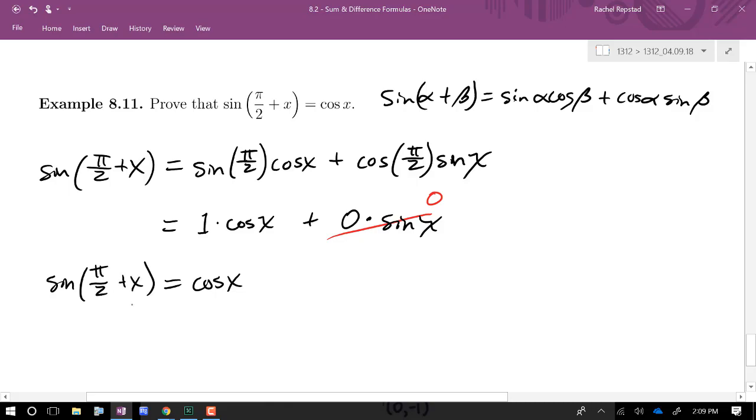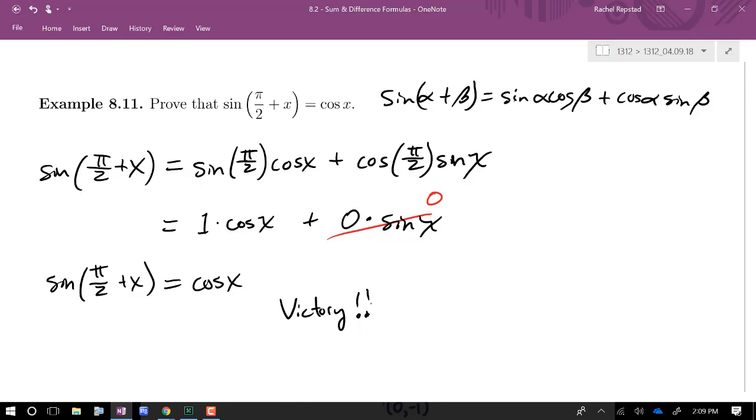I swear I'm not bringing this up to pick on Andrew, but if you think about graphing the trig functions, you know how sine and cosine have basically the same shape? They just sort of start at different spots.